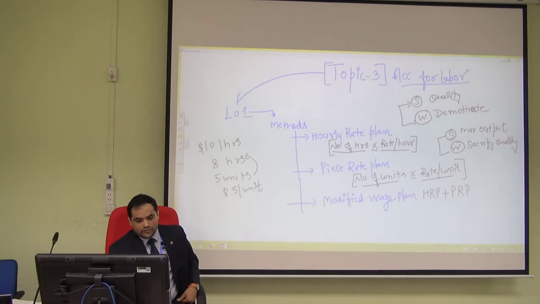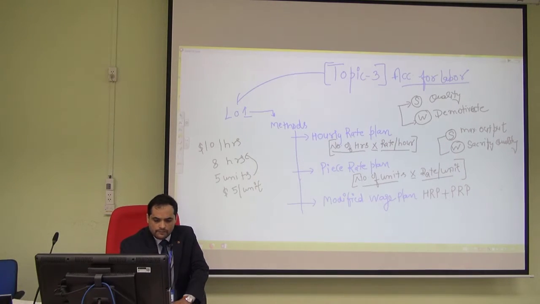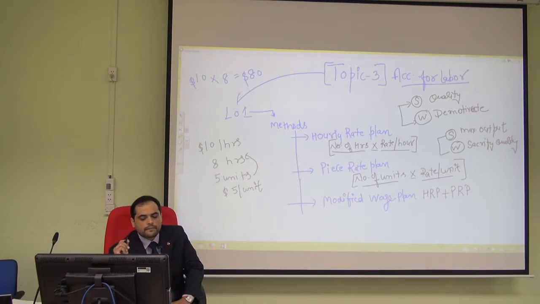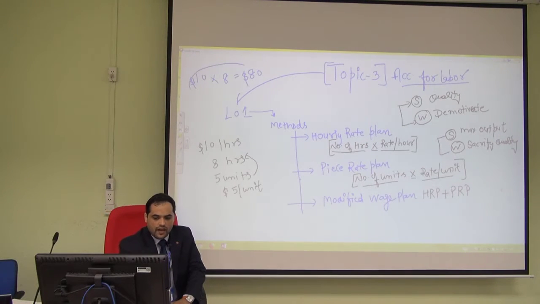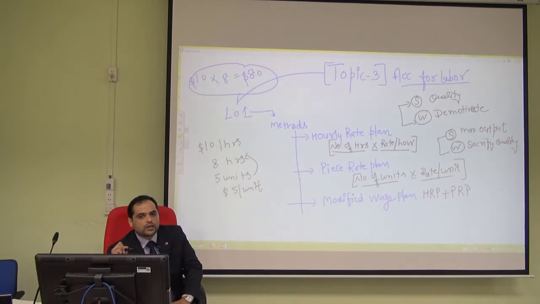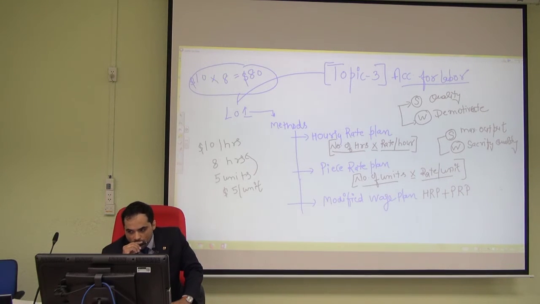All right. So in that case, the labor cost will be $10 per hour, and the worker works 8 hours. So the labor cost will be $80. All right, that's the normal situation we have here. So let's say the worker is not efficient.